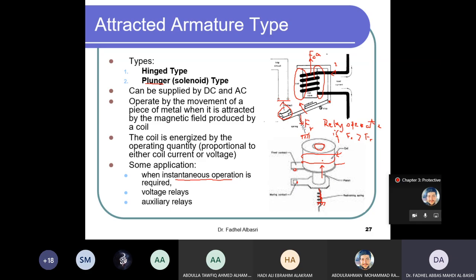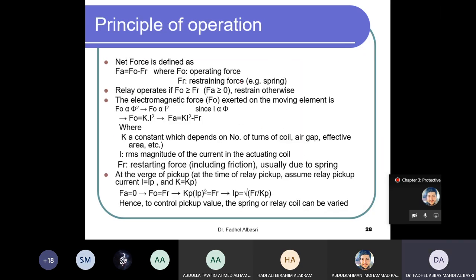So these types of relays work based on electromagnetic force comparison. This is the operating force, and the spring force is the restraining force. The working principle is that the net force is the operating force minus the spring force.